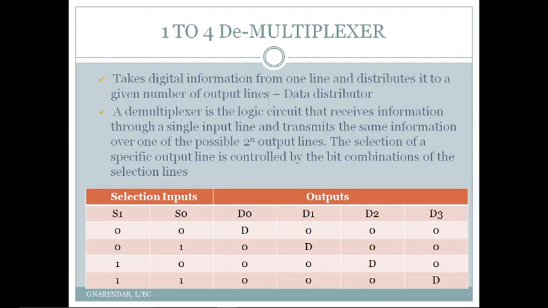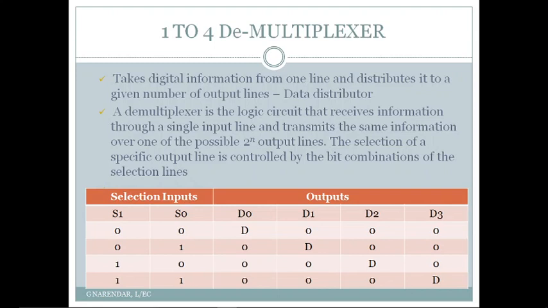The number of input lines will be only 1. The number of output lines will be 2 power n. And whatever data is coming on the input line must be distributed to one of the 2 power n output lines. So how do we select one of the 2 power n output lines? For that you require select inputs or selection inputs.